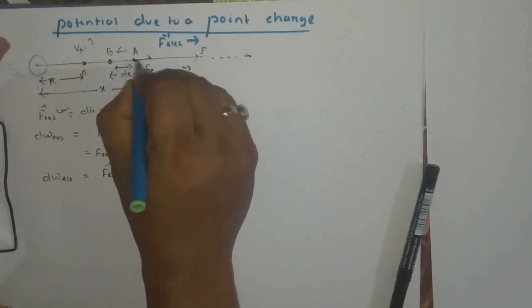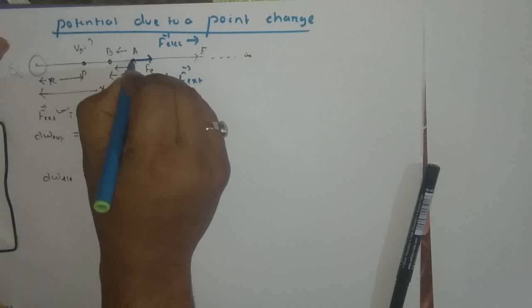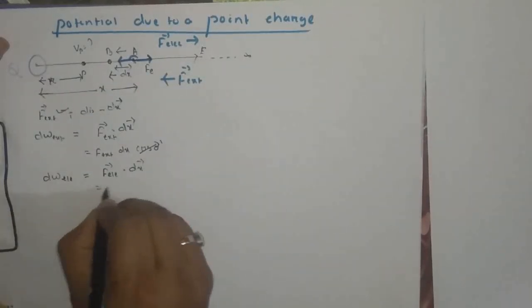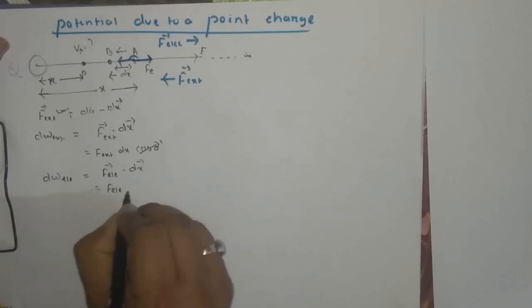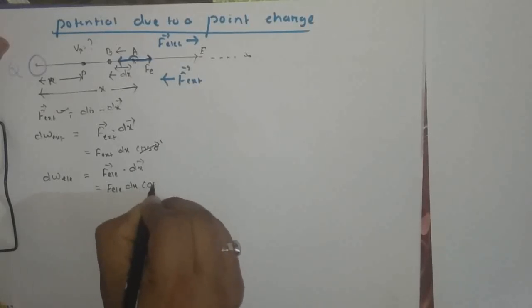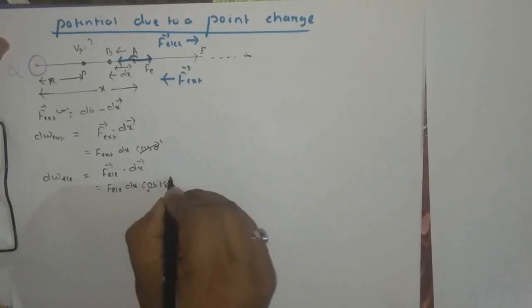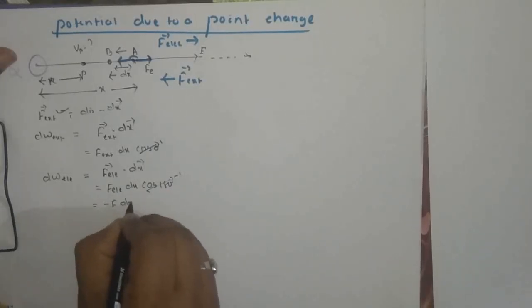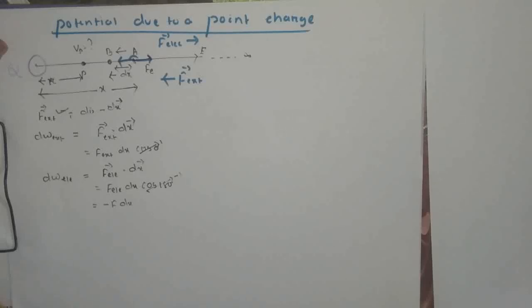Check it here carefully. This is my electric force and this is my displacement. So the angle between them is 180 degrees. So that is F electric dx cos 180. Cos 180 is minus 1. So I will write it as minus Fe dx.